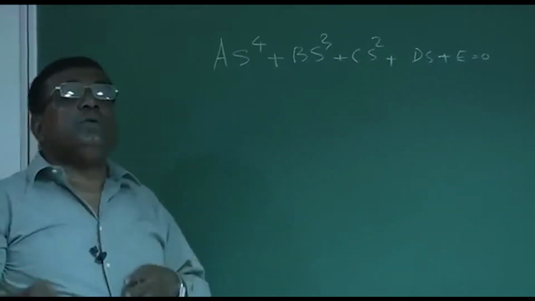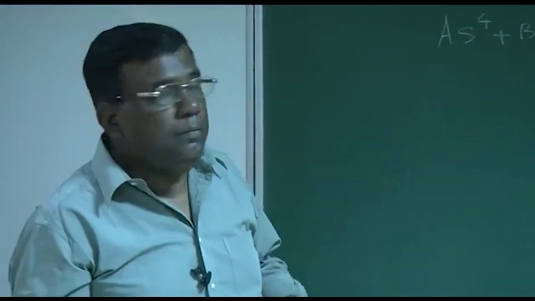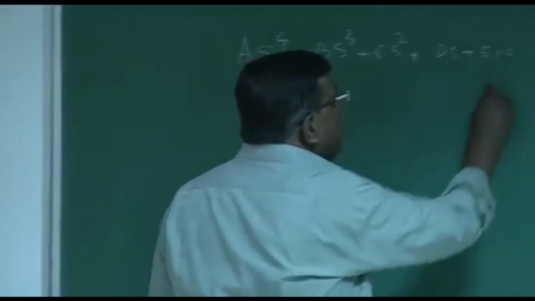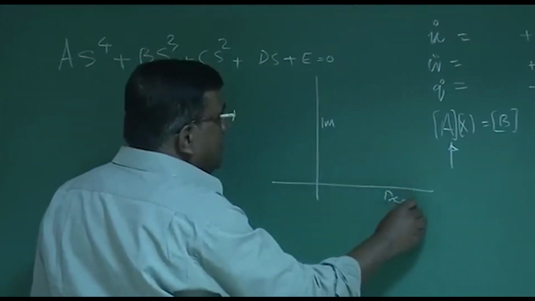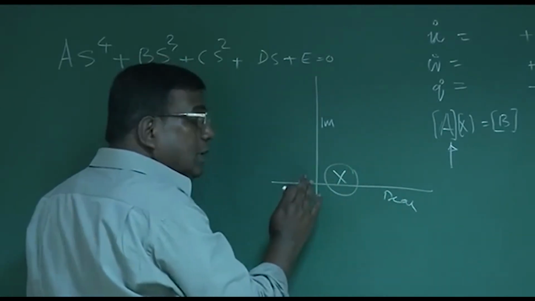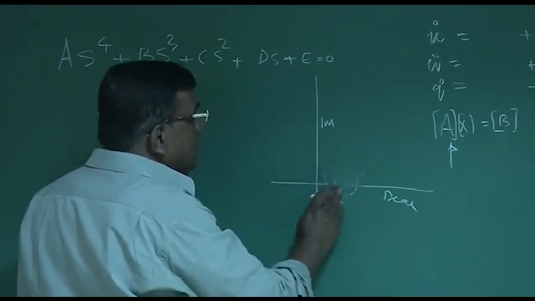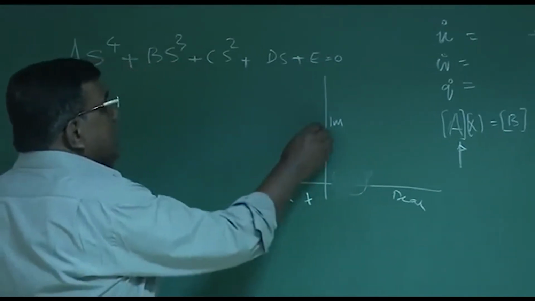We also studied a case based on the guideline that if the system has to be dynamically stable, that means no roots of this equation will lie in the right half plane. If this is imaginary and this is real, no root should be here. If any root is here, then it will be dynamically unstable. So all the roots should be on the left half plane.